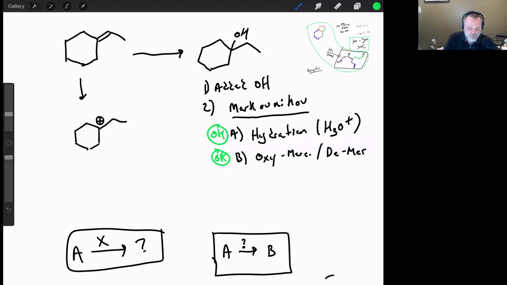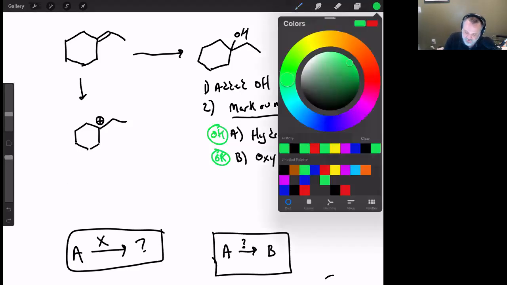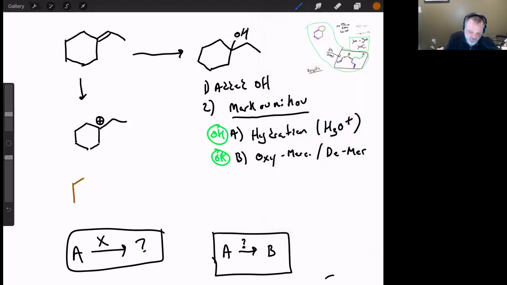But the reason why I point out the fact that you have to consider the mechanisms is the intricacies of the mechanism. What if I had a reaction that was like this? Let me make a slight alteration to the starting material and the product.